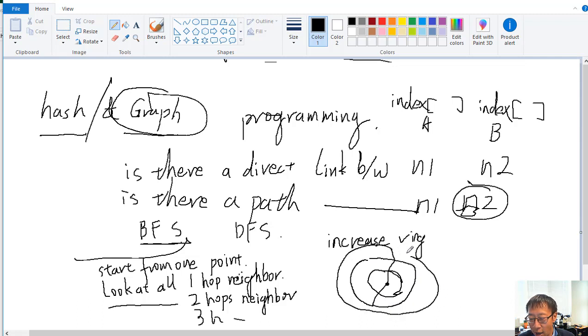And then 3 hops and so on and so forth. It will go larger and larger. So basically we are going to search for a path further and further away from the starting point, okay? And if there is a path that we can reach, eventually we're going to find it. On the contrary, if there's no path we can reach to the final destination N2, then no matter how you try, you cannot.